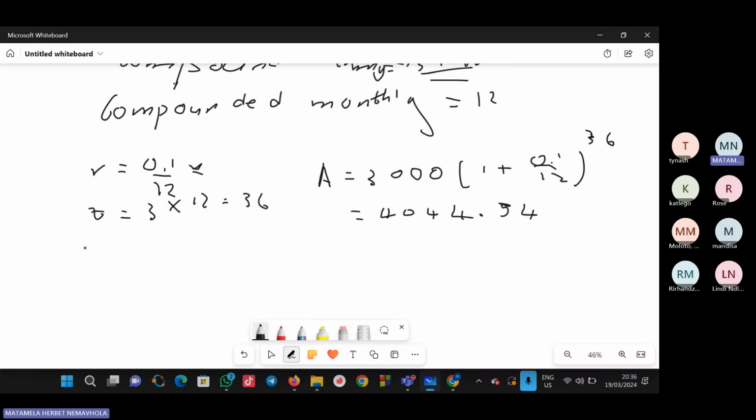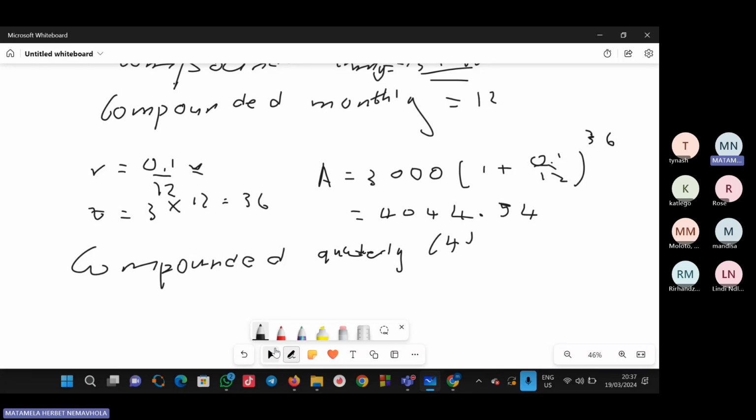So what if the question says compounded quarterly? When a question says compounded quarterly, it means that you have to use 4 now.